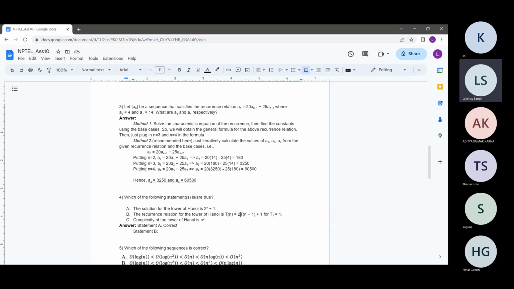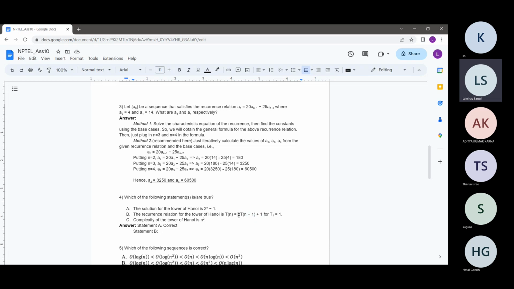Suppose we have n weights. First we offload the first n minus 1 weights to the third stand. Then we take one move to move the nth weight to the second stand. And then we move those n minus 1 weights back onto the second stand.